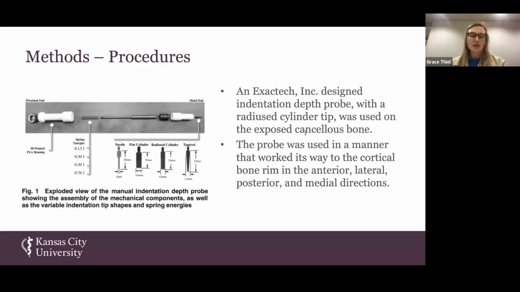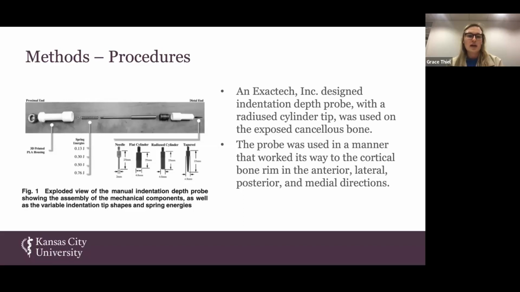So I wanted to include a picture that we pulled from one of the previously mentioned publications on this indentation probe. This is an exploded view of this probe. It demonstrates all of the components, but notably the spring and the tip used can be changed. We had a conversation with Exactech designers and the engineers a part of these studies before we started conducting our study, and they suggested that we use the smallest force in a spring to start with, and also the widest base of tip.